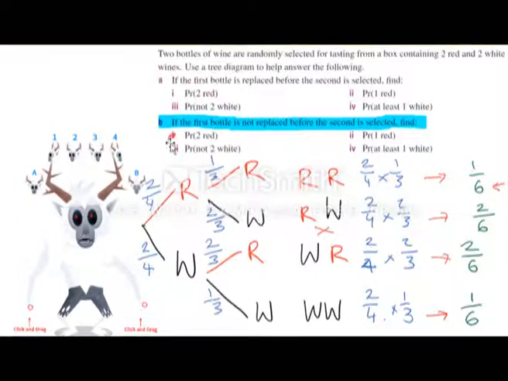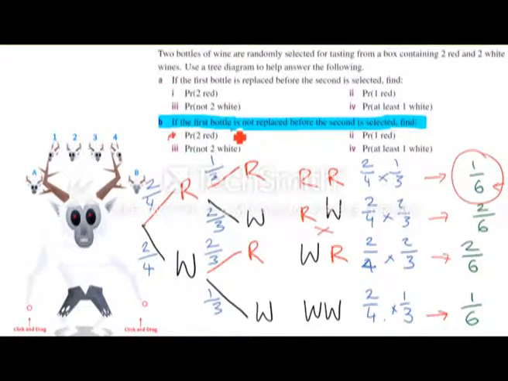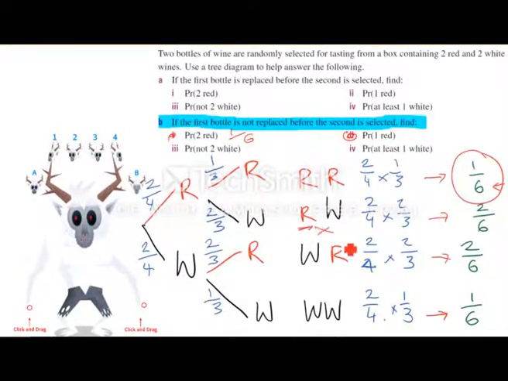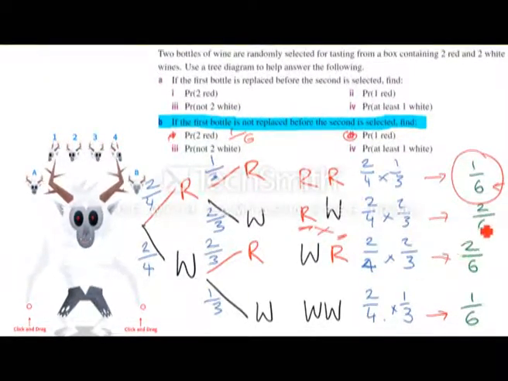So what is the probability of getting 2 reds? Well, we've already worked that one out, 1 over 6. What's the probability of getting 1 red? Well, we get 1 red in here, and we also get 1 red in here. So 2 over 6 plus 2 over 6 equals 4 over 6, which is a 2 in 3 chance of happening.